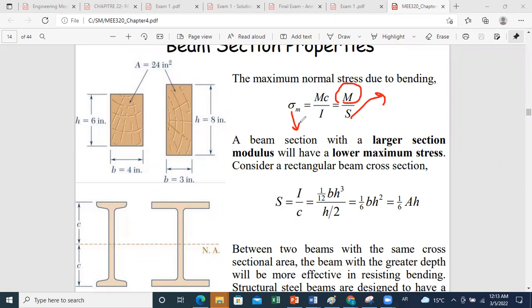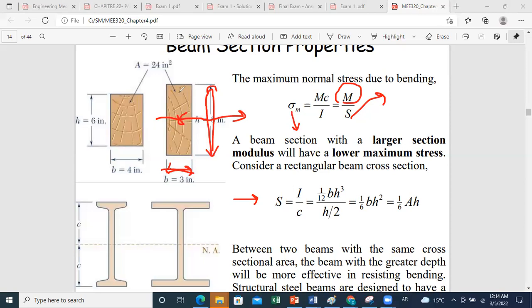To do so, we go back to the expression of S, and let us develop what S will be for a rectangular cross section. As we mentioned before, if you have a rectangular cross section, the neutral axis will pass by the centroid. Let's say b is the dimension parallel to the neutral axis and h is the dimension perpendicular to it. Then the inertia about the neutral axis will be given by b times h cubed over 12.